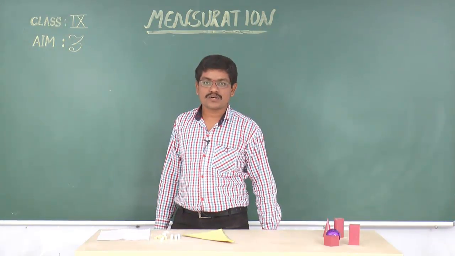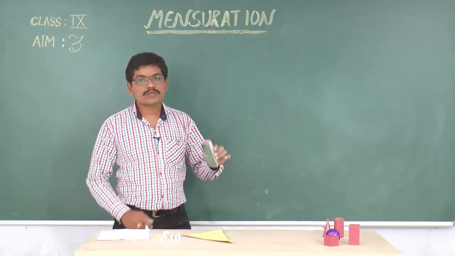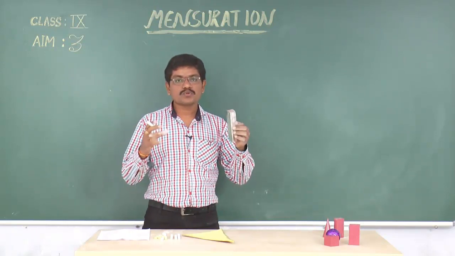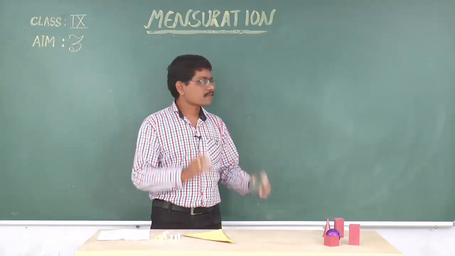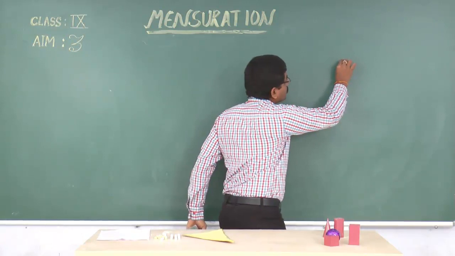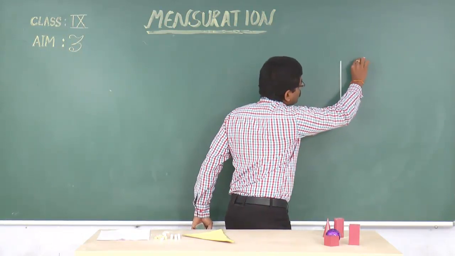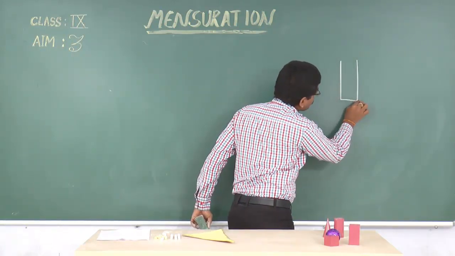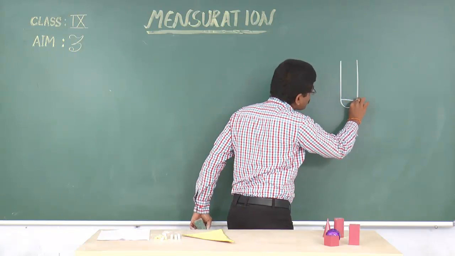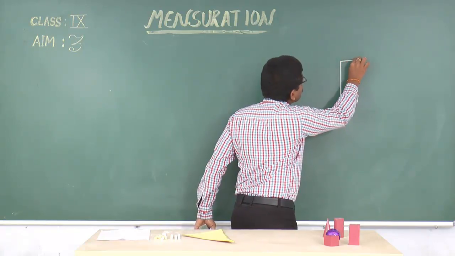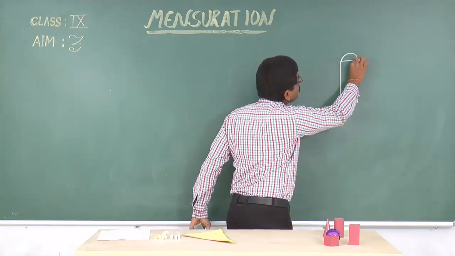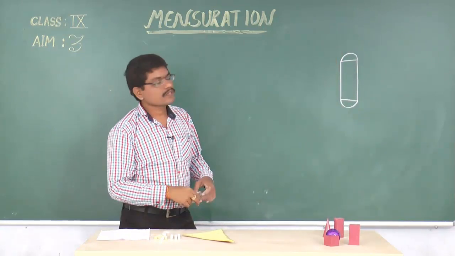Now next solid, if two hemispheres are stuck on both sides of the cylinder, that is like this.